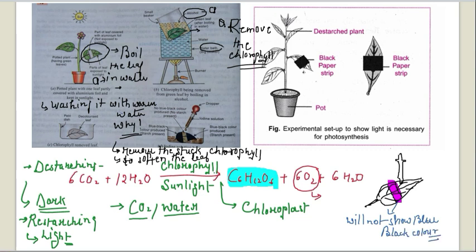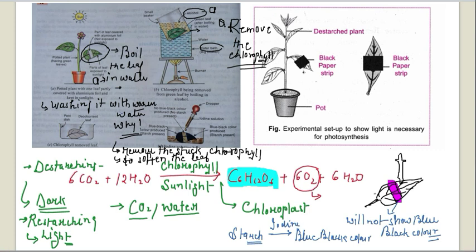Why? Because starch, which is the stored food material, gives blue black color with iodine.